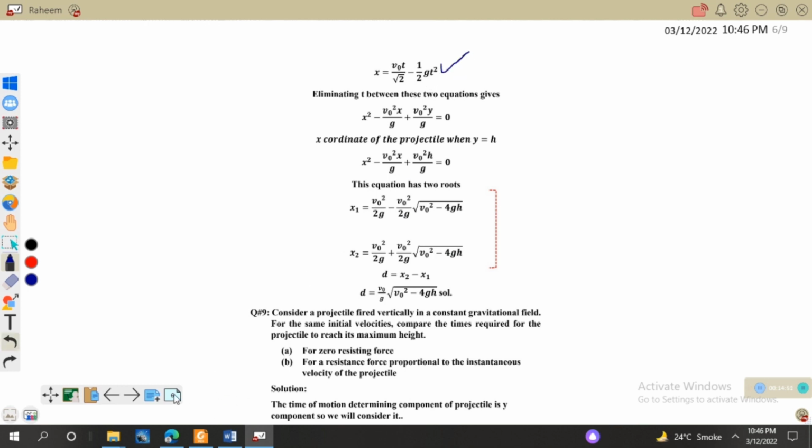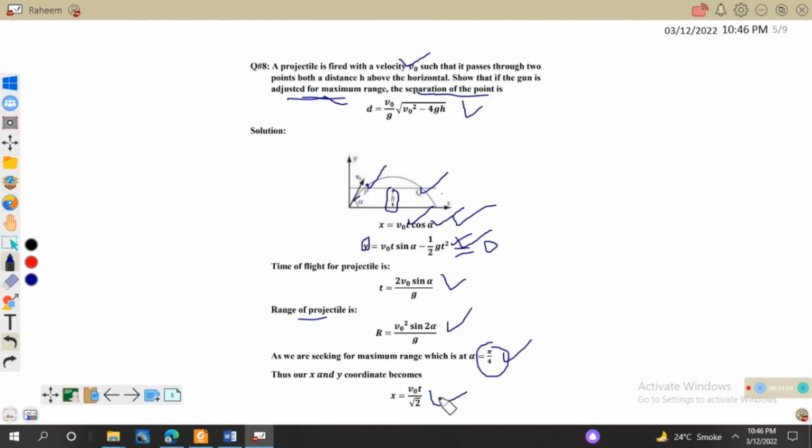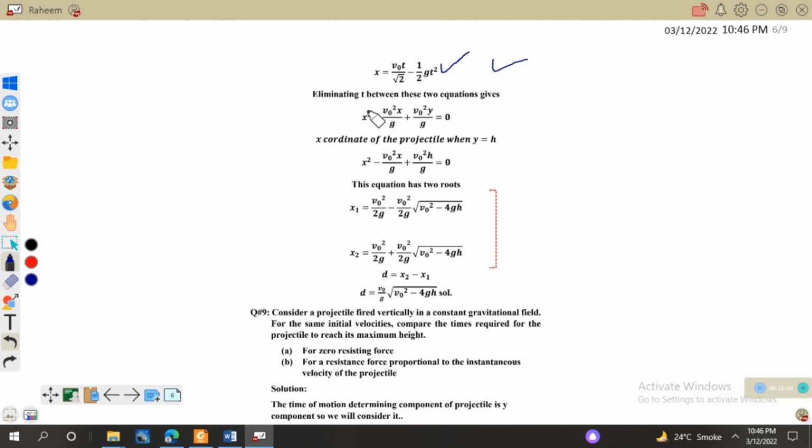Now if we solve these two equations, eliminating t between them, we find t from the first equation and put it in the second equation, and this will give us a second order quadratic equation.